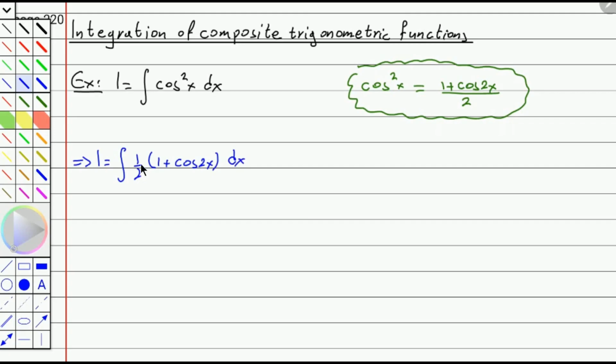We can take that 1/2 outside. 1/2 the integral of 1 plus cosine 2x dx. So let's go ahead and solve this. Equals 1/2 brackets x plus the integral of cosine 2x dx.